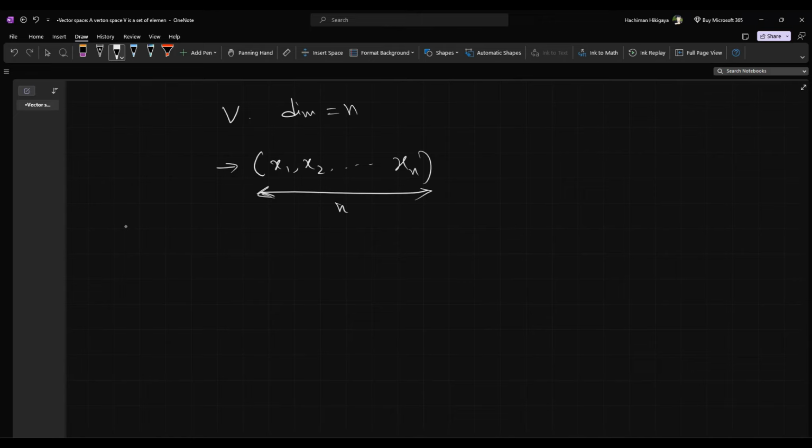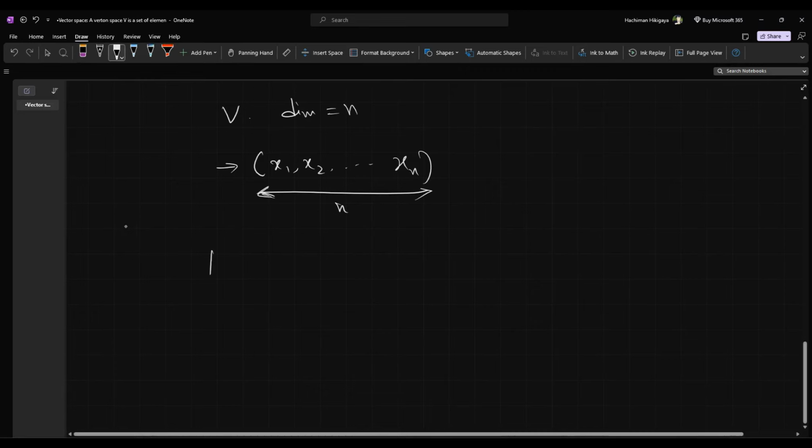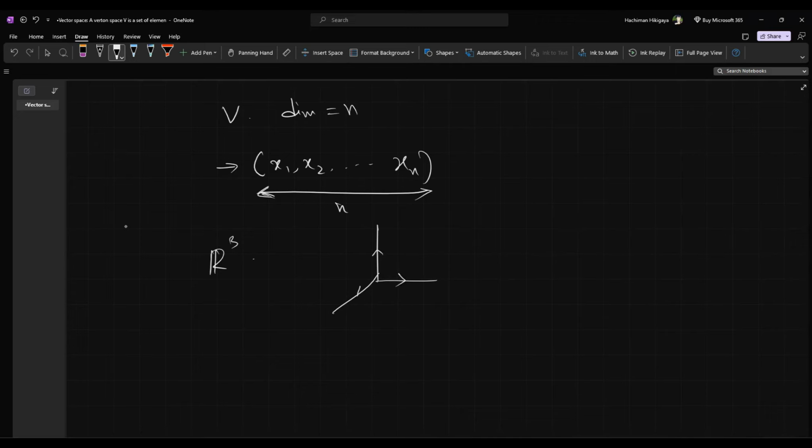So for example, let's take our usual R3. We know it looks like this in vector notation: i, j, k. This ijk is basically the unit vectors, and you already know what that means.